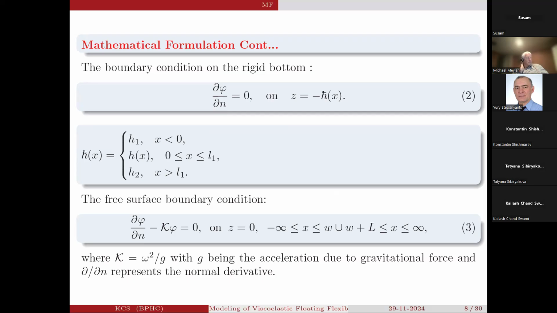I have not written the exact equations for the different bottom profiles, to save slide space. Also, the free surface boundary condition, which is the combination of the kinematic and dynamic free surface boundary conditions, is del phi 1 by del n minus k phi equal to 0, where k is nothing but omega squared by g.